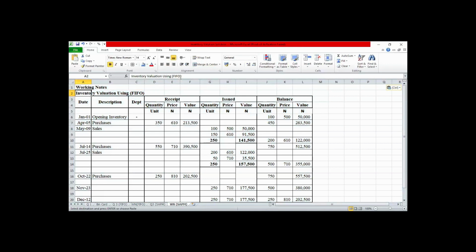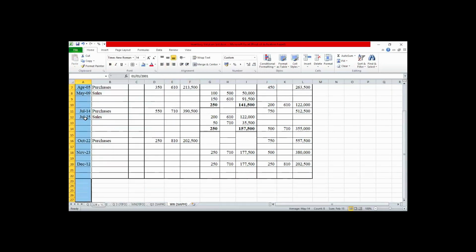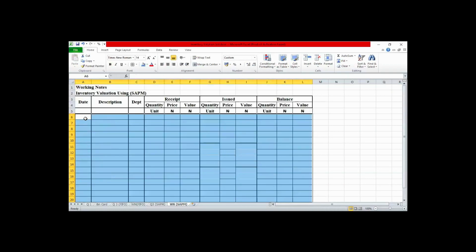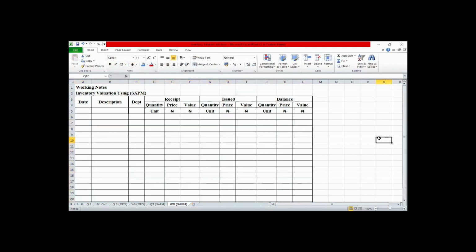This one is not people anymore, but we are using the simple average pricing method. I will clean all the content, so you can see that we don't have anything there anymore. It's a plain sheet now. Now we pick from that end what we have.